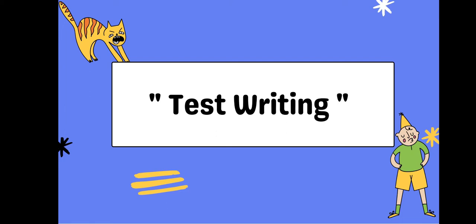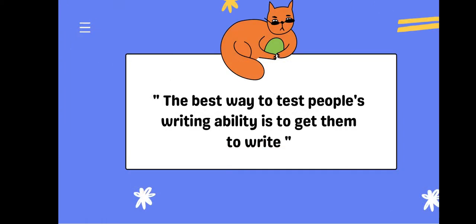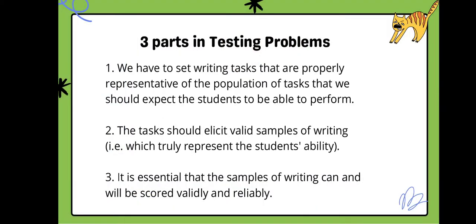And now we will discuss test writing. The best way to test people's writing ability is to get them to write. There are three parts in testing writing problems. First, we have to set writing tasks that are properly representative of the population of tasks that we should expect the students to be able to perform.